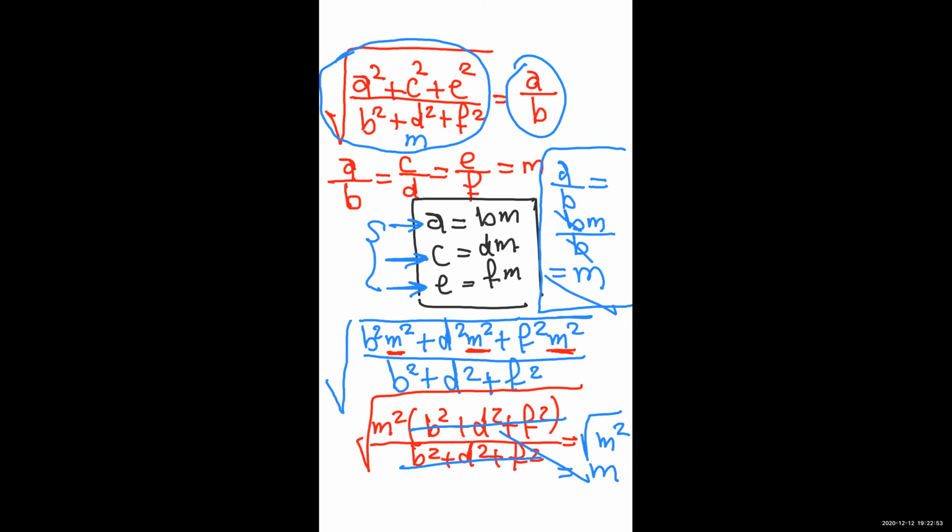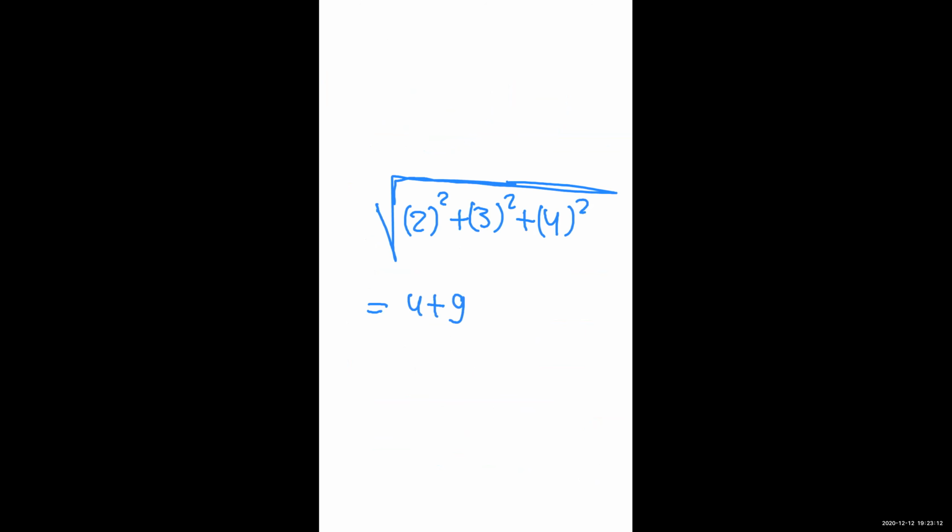Because if it's like this, if it's 2 power 2 plus 3 power 2 plus 4 power 2, this means this one will equal the square root of 4 plus 9 plus 16, right? So this one will equal the square root of 29.